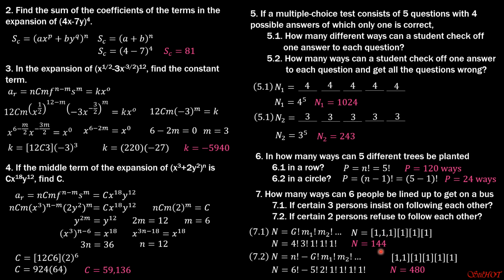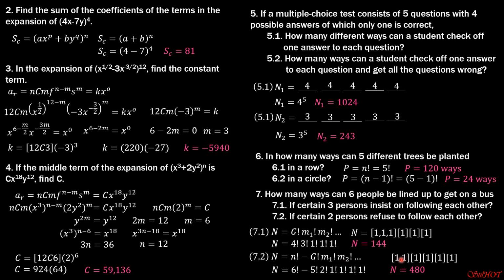So therefore, the analysis is n is equal to n factorial minus the number of ways where we arrange them as groups. This formula gives the number of ways where the 2 will not be following each other, or the 2 will have at least 1 gap. So this would be the formula for this case.